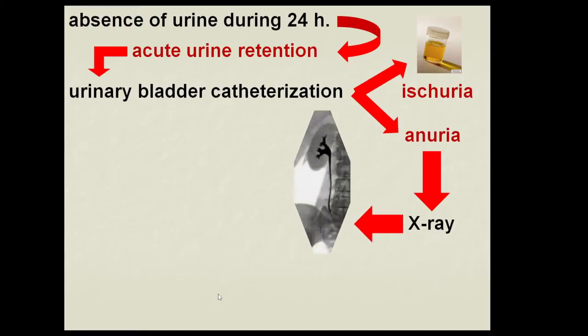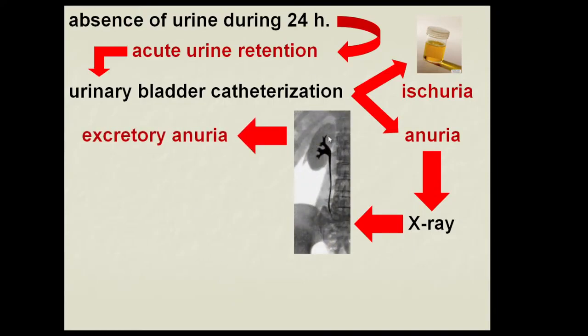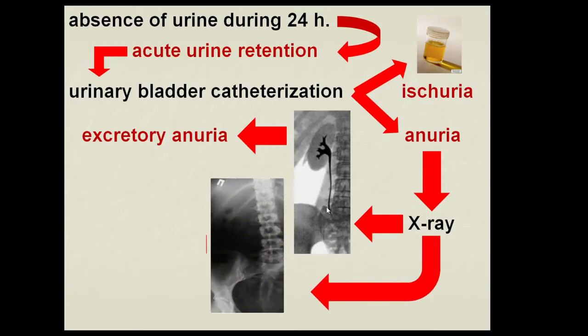And if we see kidney, it shows that contrast goes through the glomeruli and kidney structure, kidney pelvis becomes visible. It indicates excretory anuria and we'll find any obstruction on the way of ureter. If the kidney is invisible, it shows that contrast cannot go through the glomeruli. We are talking about true pathology of kidney, secretory anuria.